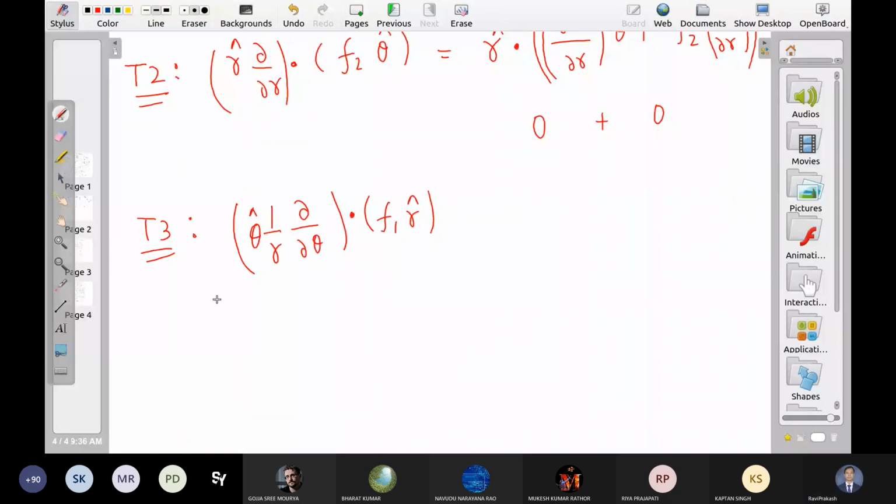Is equal to theta cap 1 by r as it is dot product del f1 by del theta r cap here plus f1 as it is del r cap by del theta.